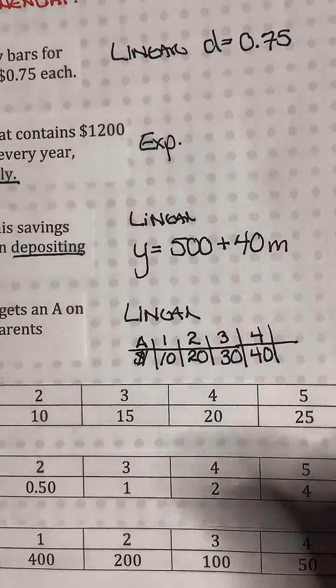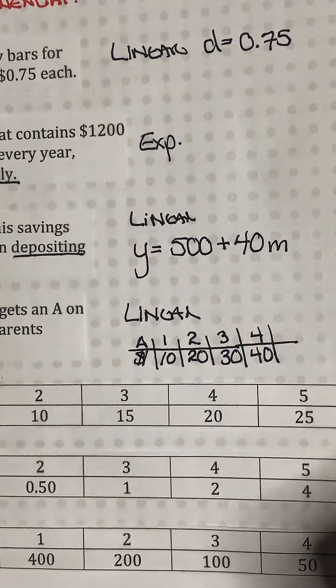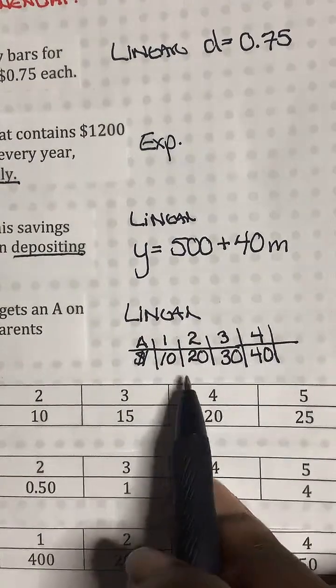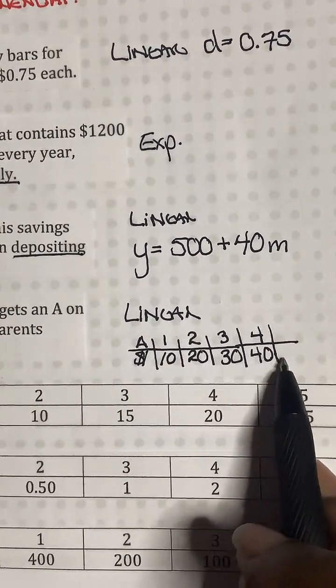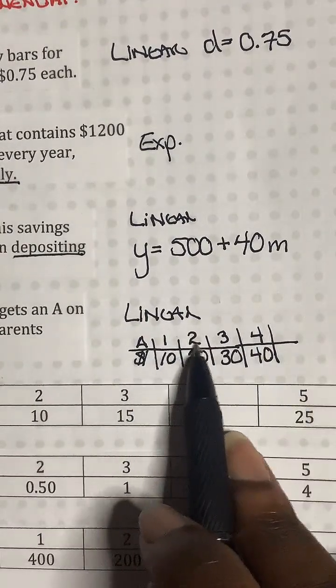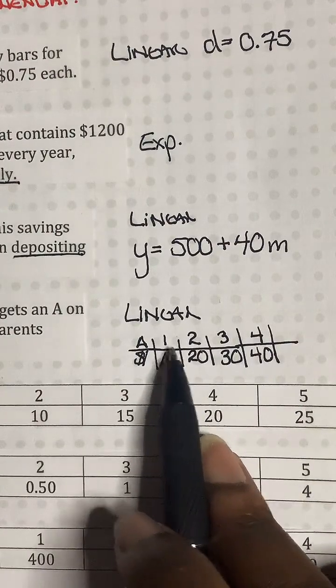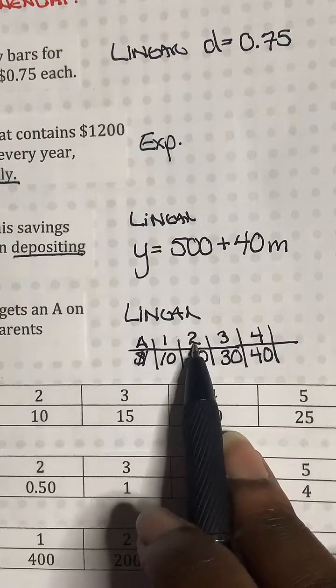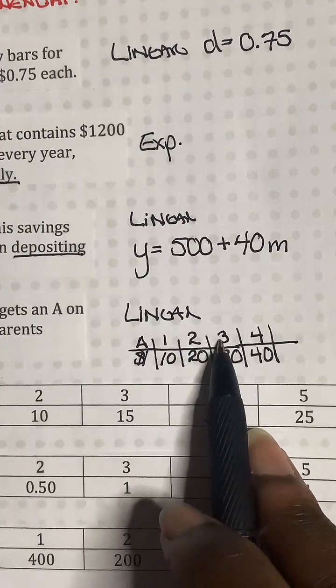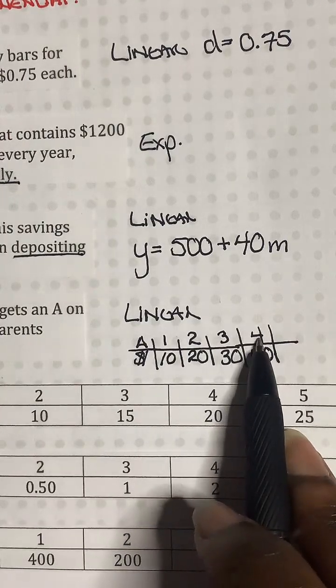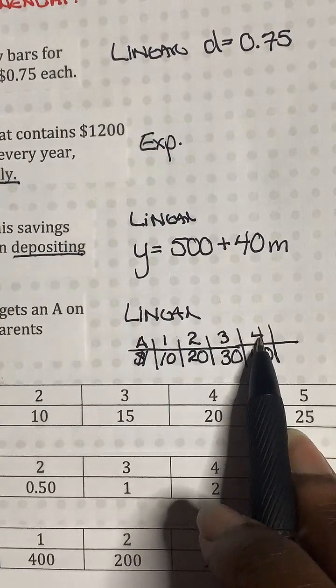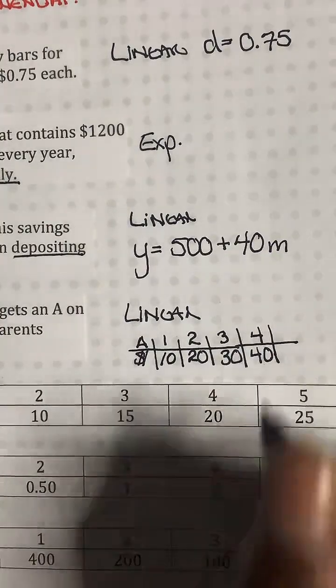So if I have the change of y over the change of x's, it seems like I'm adding 10, but in reference to the A's, I'm looking at 10 divided by 1, 20 divided by 2, 30 divided by 3, 40 divided by 4. So the same rate of change is 10.